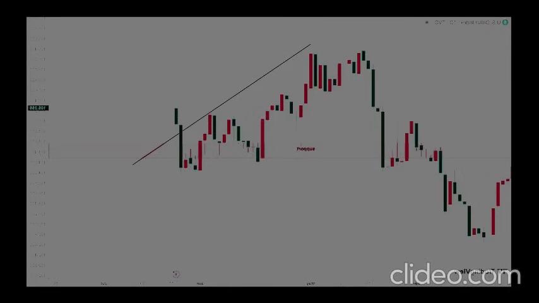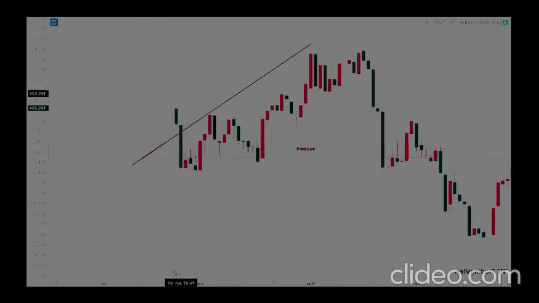So that is the validity of a trend. If any trend is drawn with just a single point on the chart, that is not a trend, but 2 points and above, that's okay.